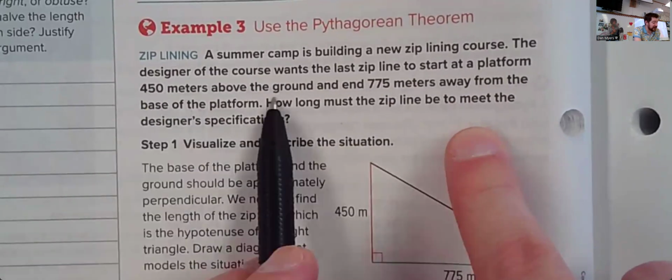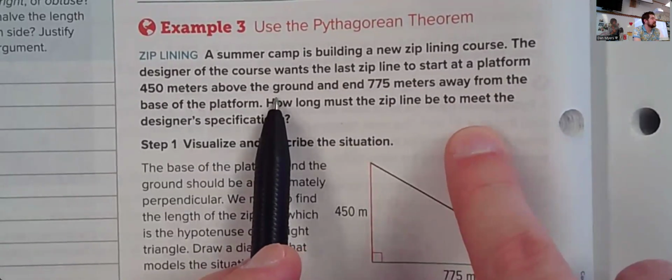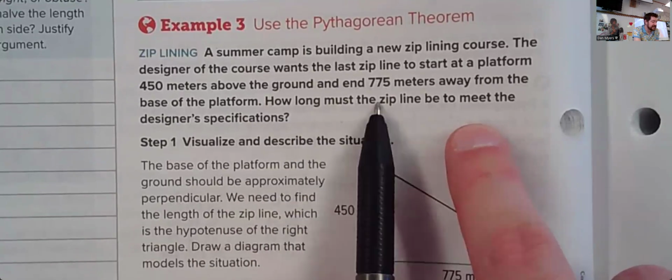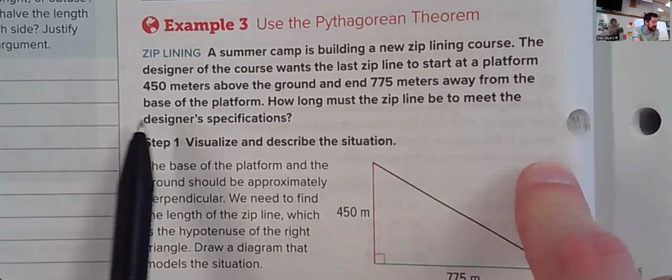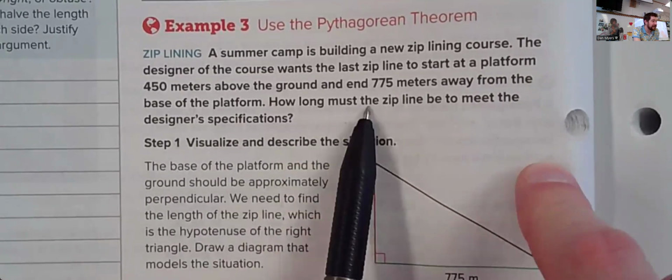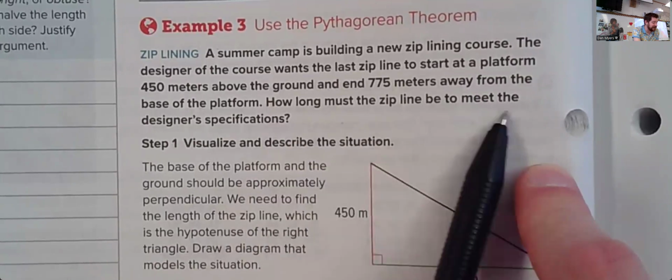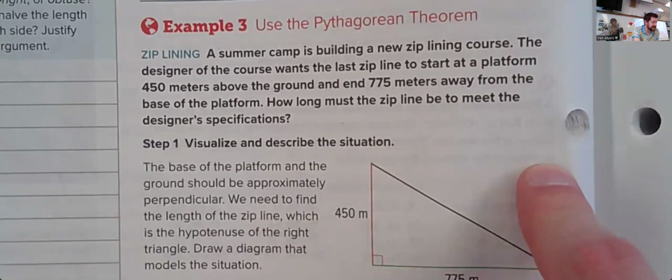That's like 1,500-ish feet. That's real high. Must be into a canyon or something, because that's crazy. And 775 meters away from the base of the platform. How long? Yeah, right. That's crazy. How long must the zip line be to meet the designer's specification?